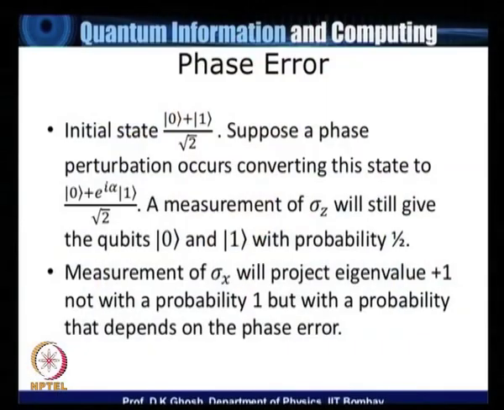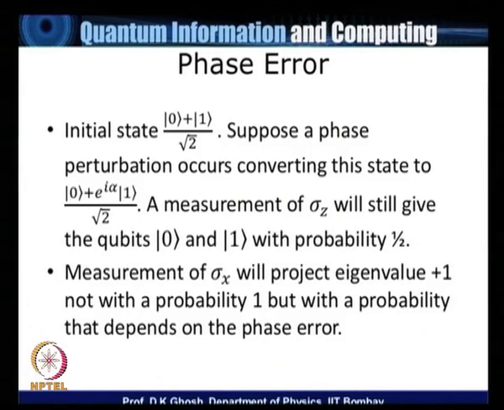So for instance, suppose I start with an initial state which is (0 plus 1) divided by square root of 2, and let us suppose that a phase perturbation occurs to a state, which then has a relative phase between the components. For example, (0 plus e to the power i alpha 1) divided by square root of 2.